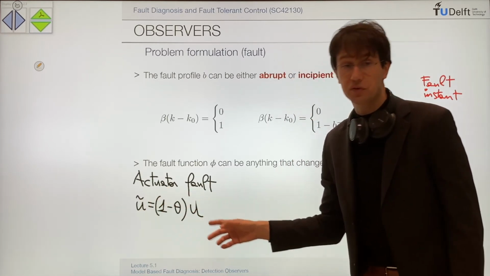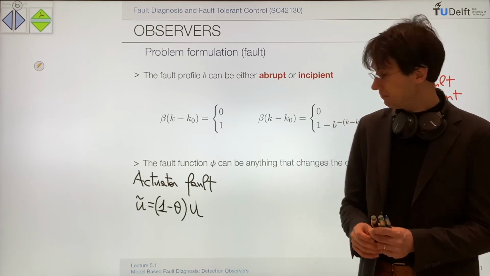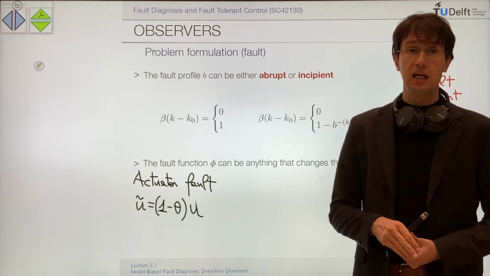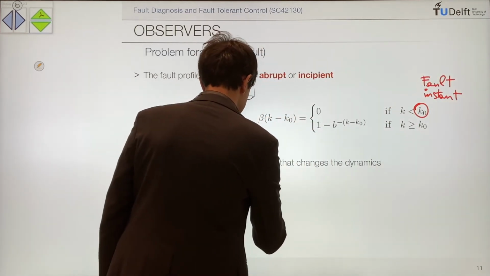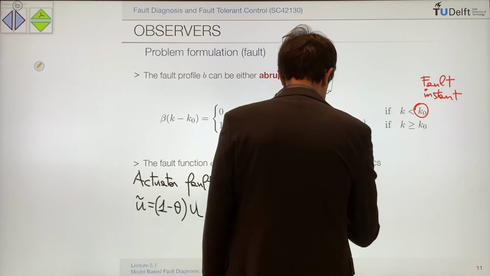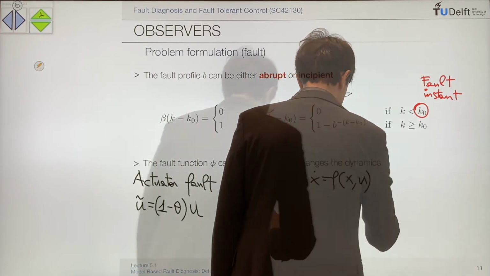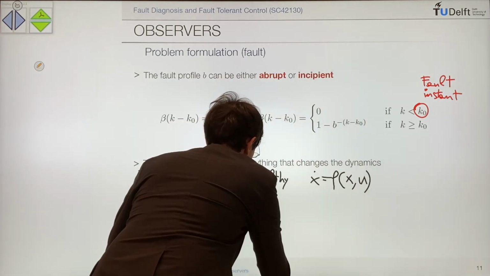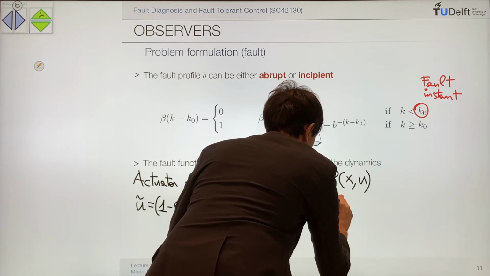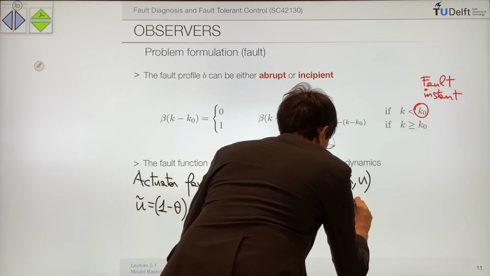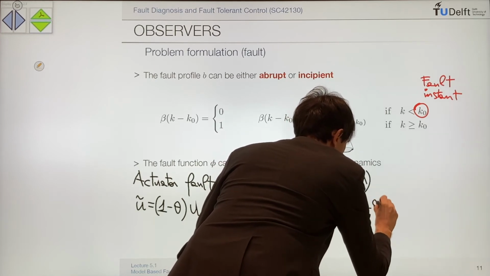So how can we implement this kind of fault using the modeling approach that we chose before? Well, it is simple. It is just algebra. So in the healthy case, we have that x dot is equal to f of x and u. In the faulty case, we have that x dot is equal to f of x, 1 minus theta times u.